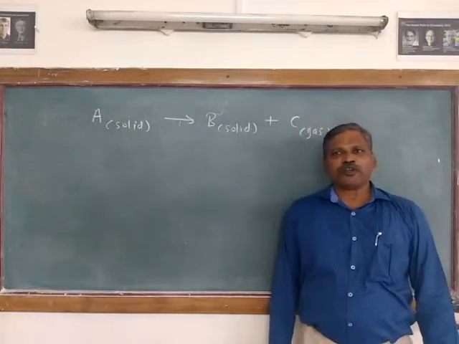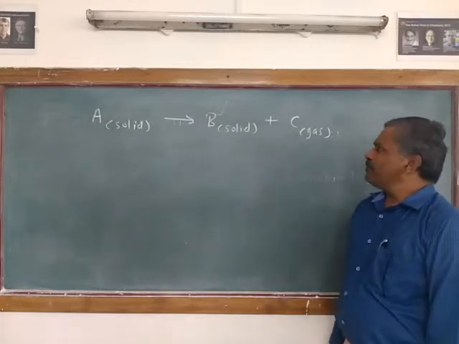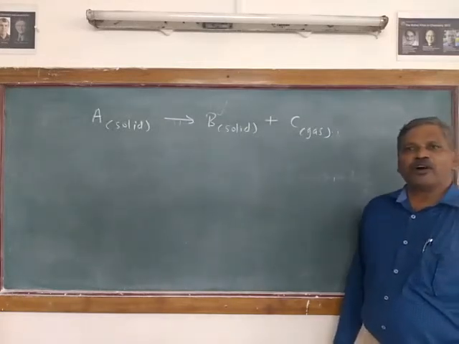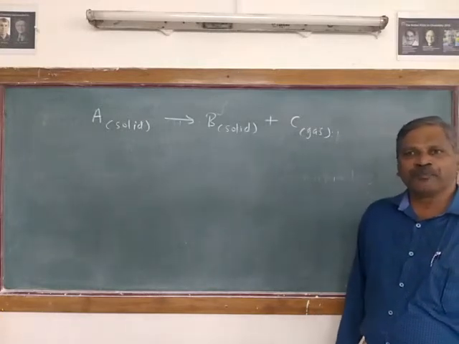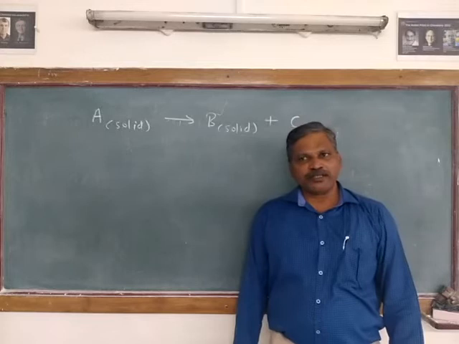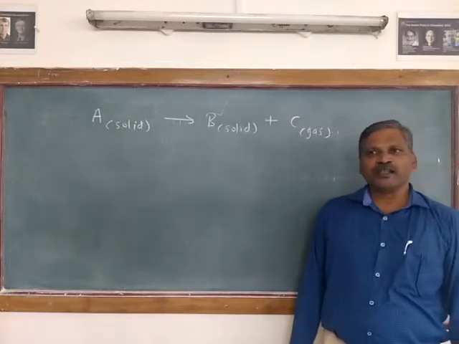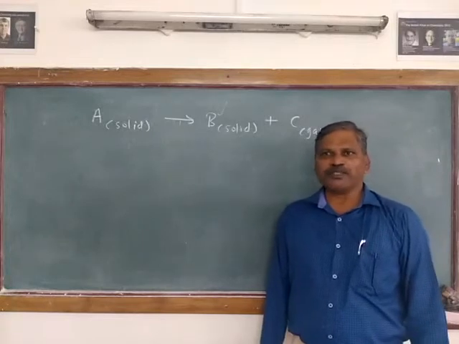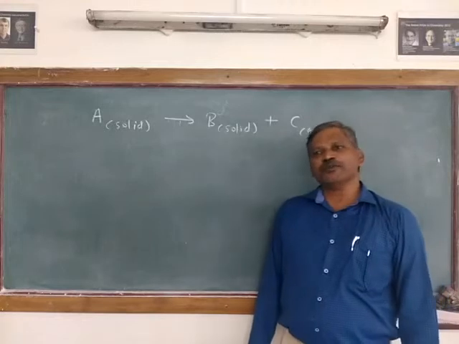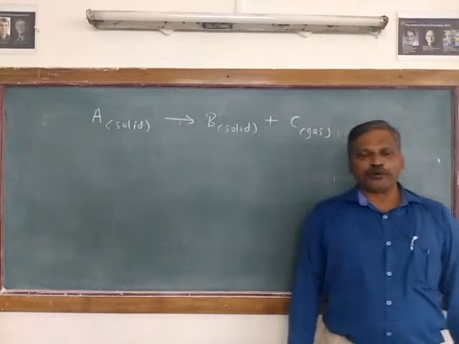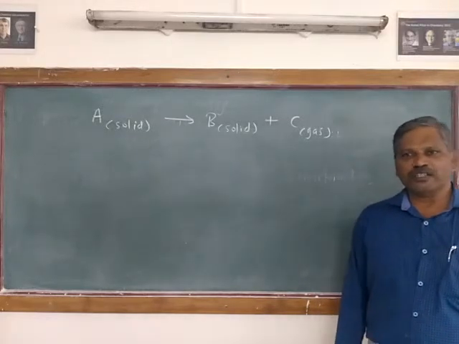So this decomposition of compound A is the endothermic reaction. After loss of some gases, it can get converted into another form. As this reaction proceeds, gas and mass will be lost and the heat is absorbed because it is an endothermic reaction. Several equations are used to model the process, but they may not be valid in all situations.